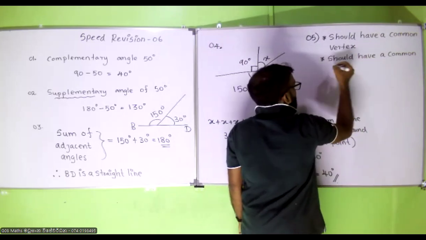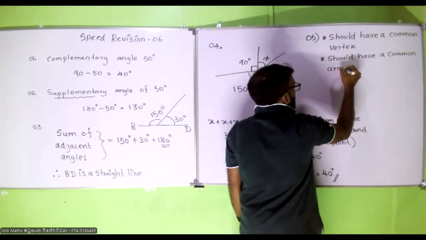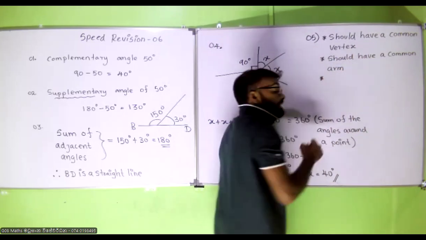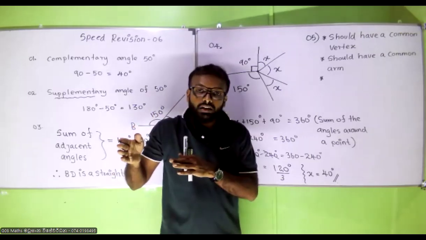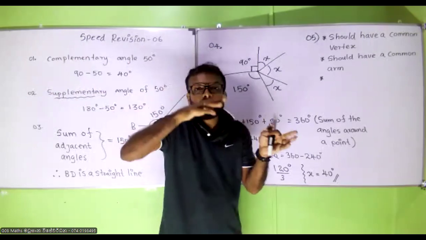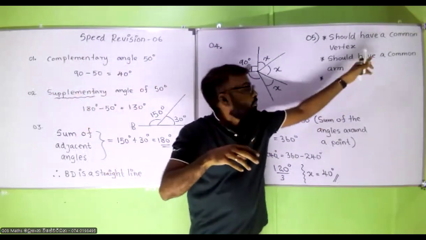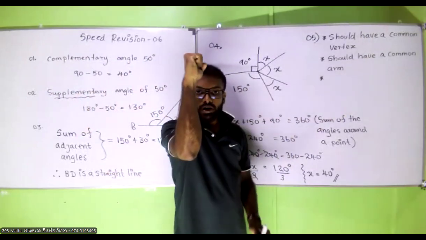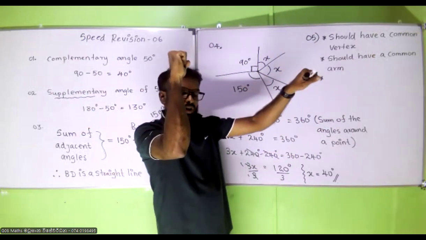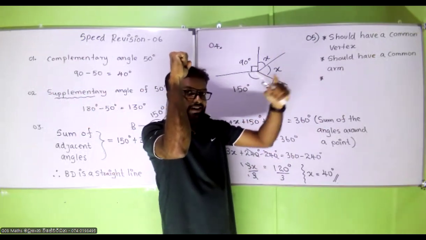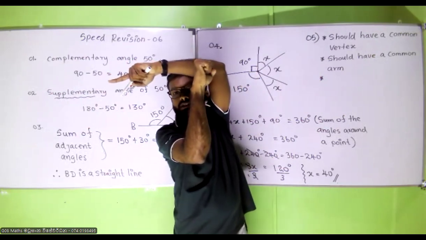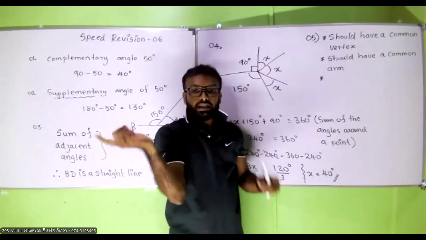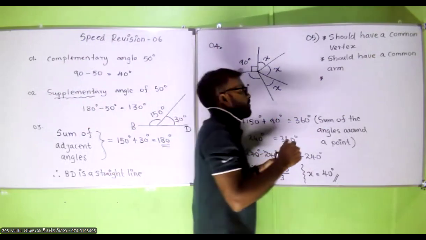Common vertex, common arm, and the adjacent angles should lie on either side of the common arm. If this is the common arm, from your left hand side you need to have one angle, and the other angle is on the other side of this common arm.